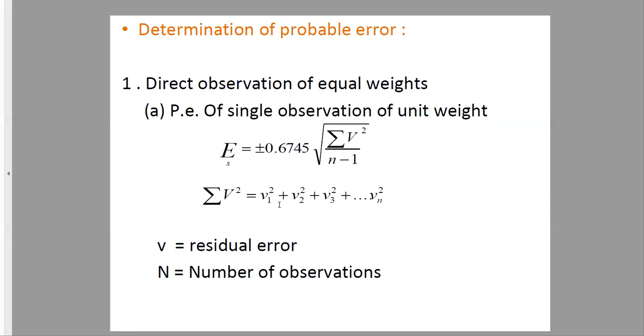Suppose we are measuring a field and the length came 100 feet, and again it came 101 feet, then 102. There may be certain values, but it is not necessary that each value will be unique. Sometimes values may repeat, and we have to count how many times a value repeats itself, and that is called the weight of that particular reading.